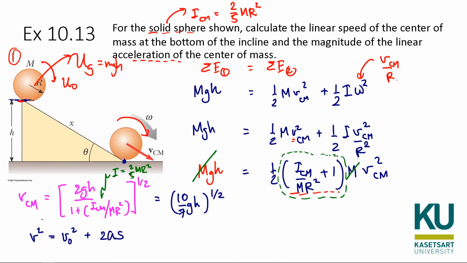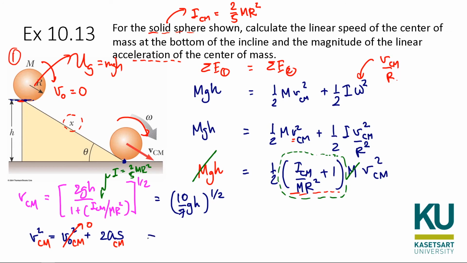In this case, v is now v_cm, and v0 is 0. a is now a_cm, and s is the distance that this object translates, which is the x distance. Since the initial velocity v0 is equal to zero, this term is zero.